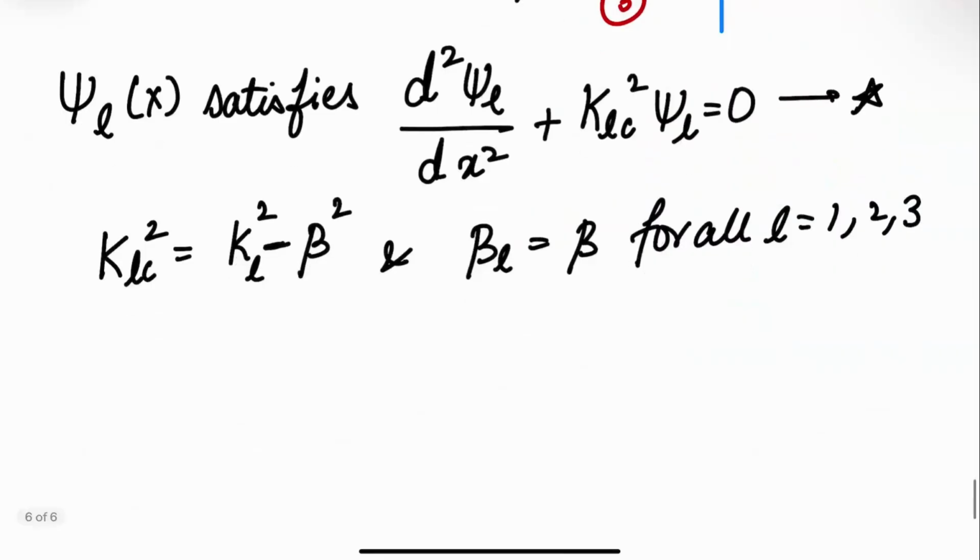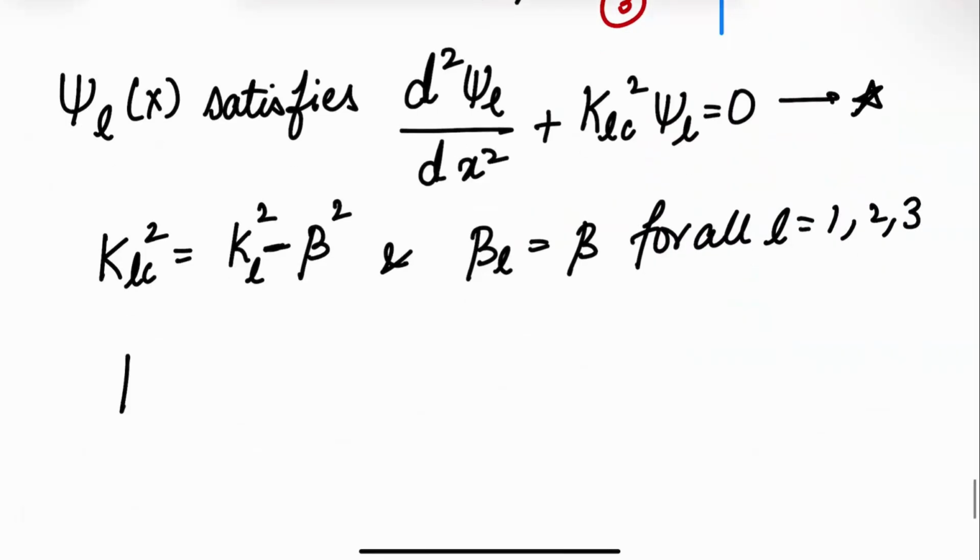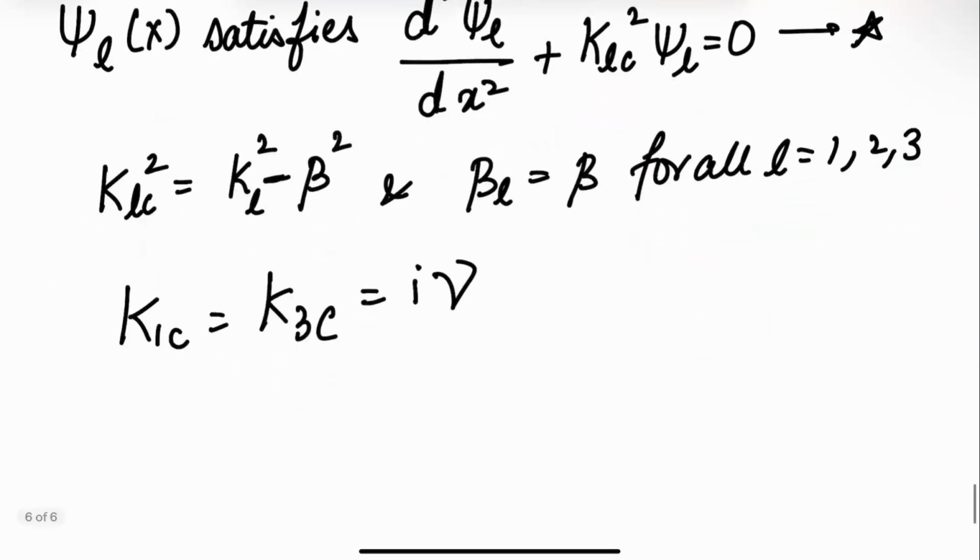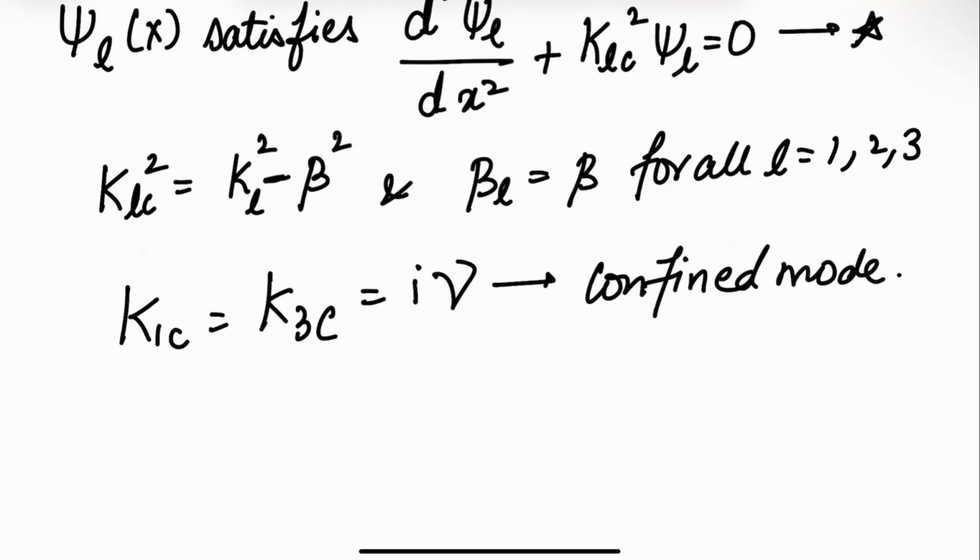So one way to enforce that is to look for solutions such that K1c and K3c, right, which are the transverse wave vectors, are imaginary in 1 and 3. So we'll call that some i nu, since we don't want propagation. So this gives a confined mode. So we're looking for this kind of a solution.